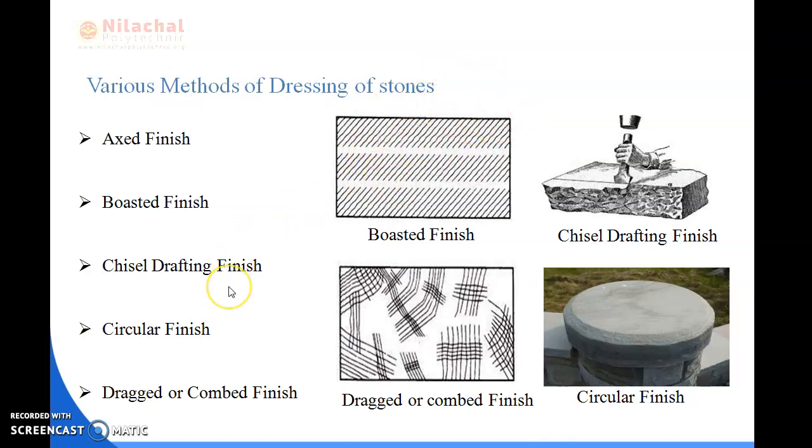Next is chisel drafting finish. Here you can see the chisel drafting finish diagram. In this type of finish, we have to obtain uniform joints, like uniform shape and size.